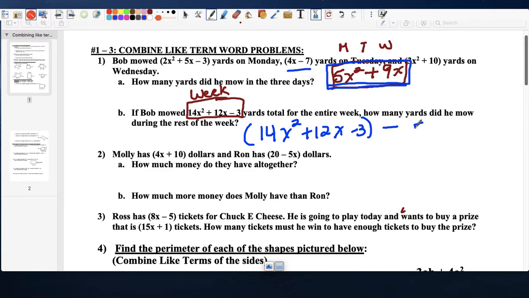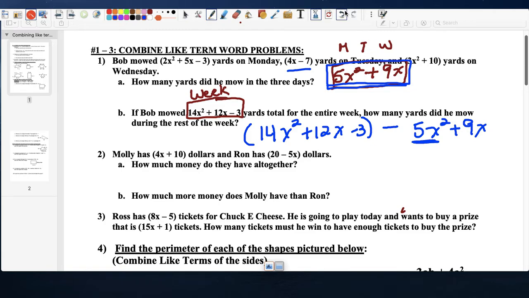There's a huge difference between writing it like this or like this. If we put it in parentheses, then it's correct because we're subtracting this expression. 5x plus 9x is being subtracted from 14x squared plus 12x minus 3. If you don't put parentheses, the only thing that you're subtracting is this.